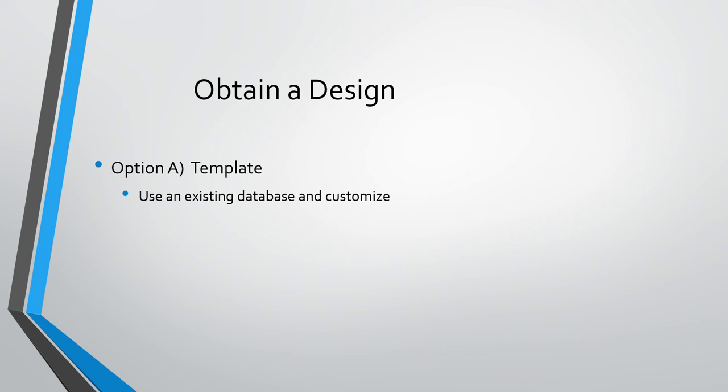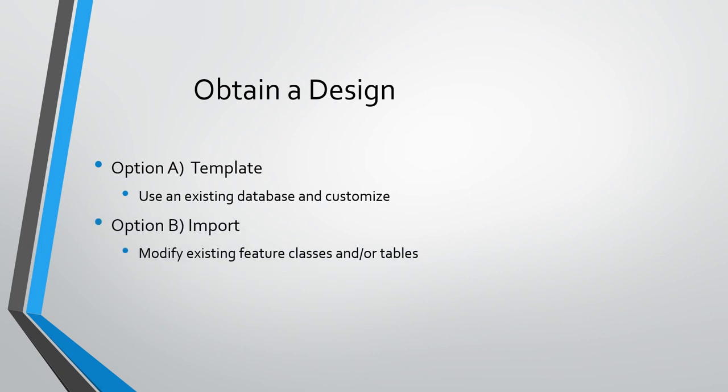You can use an existing database and customize it to your current needs. Or you can import data into your database and modify existing feature classes or tables into what you're using now.